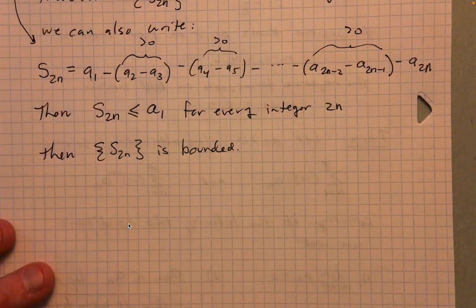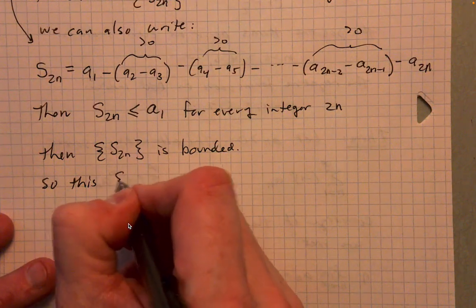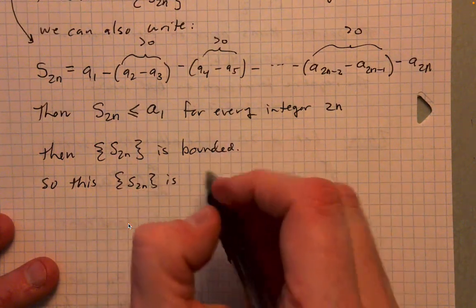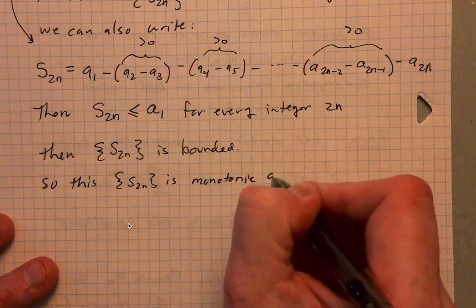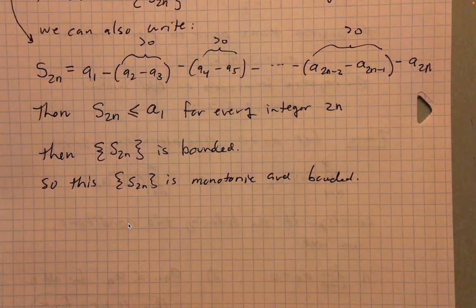It's also a non-decreasing sequence. So this sequence S of 2n is monotonic and bounded. Technically we say it's monotonic increasing and bounded above.